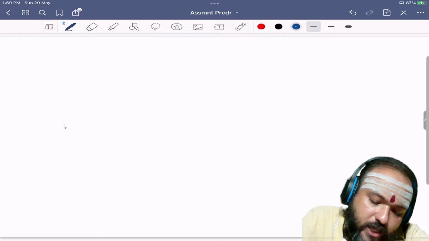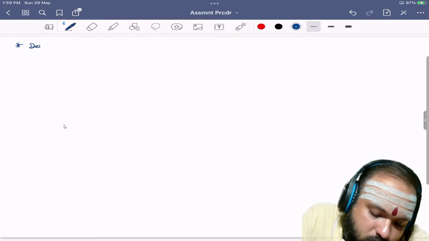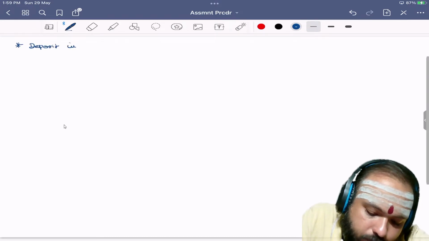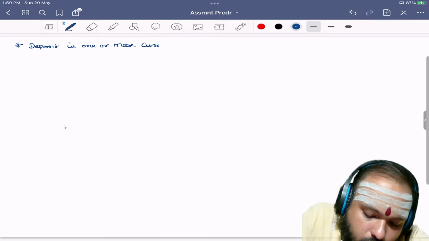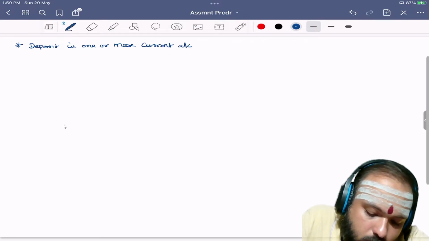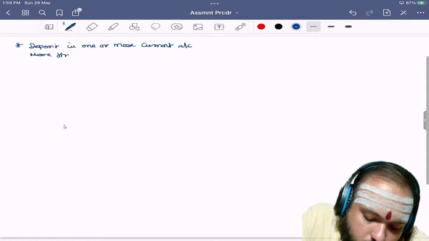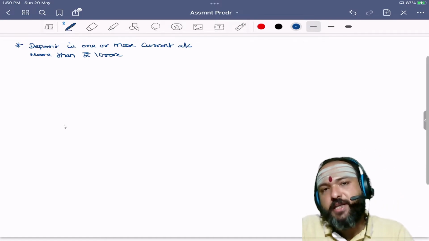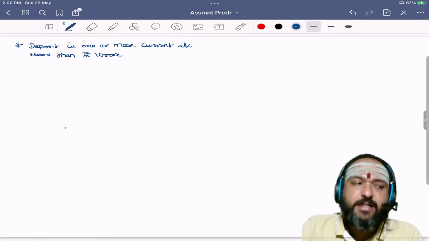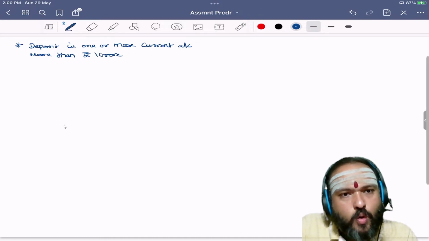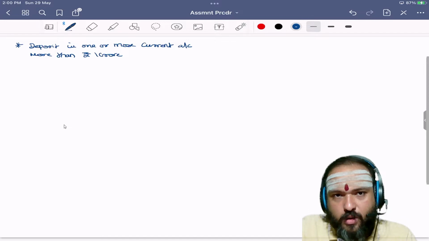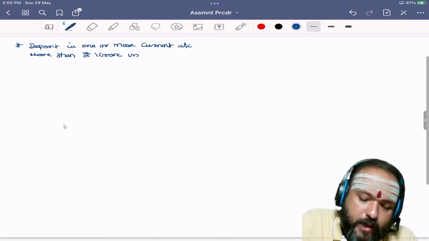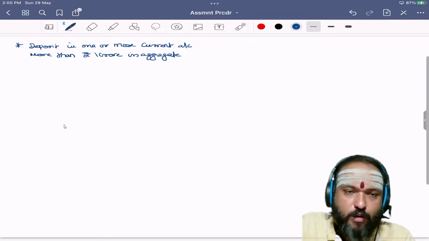The first case that she included was deposit in one or more current accounts of more than rupees 1 crore. So the first condition she brought in was an assessee who deposits more than rupees 1 crore in aggregate shall be mandatorily required to file the return of income.